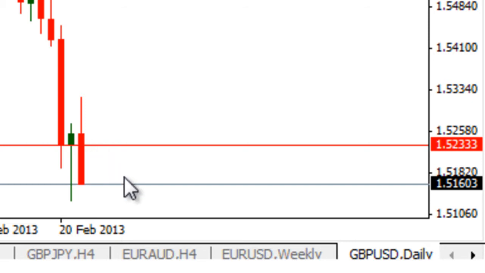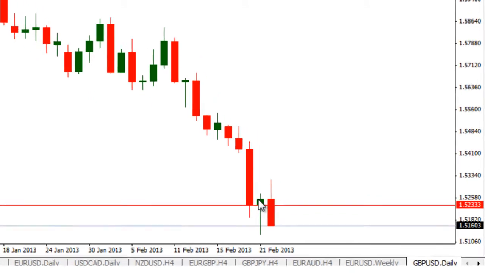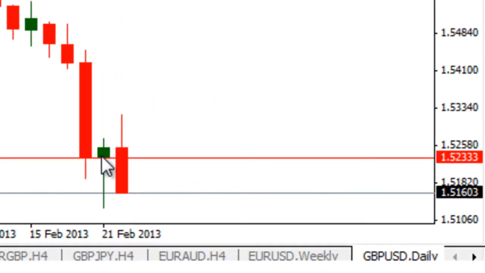So therefore, how will I take this trade now? Let me enlarge it so that I will explain better. How will I take this trade? Now the best way to take this trade is to wait for the market to penetrate this bullish candlestick pattern, this bullish pin bar.